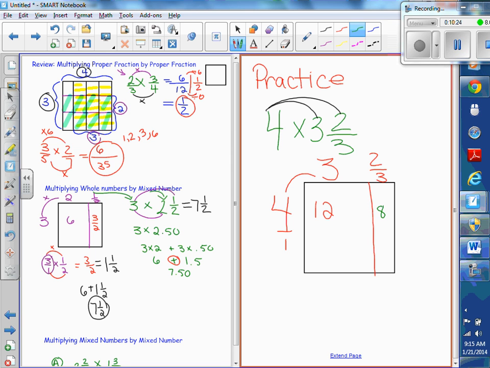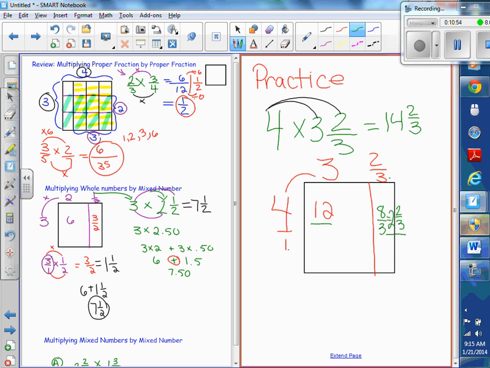And multiply the denominators. 1 times 3. 3. That's right. And then make it a mixed number. How many times does 3 go into 8? Good. Twice. And what's the remainder? Perfect. 2/3, right? So the final answer is 12 plus 2 and 2/3. 14 and 2/3.